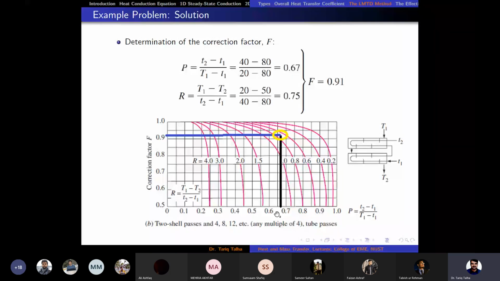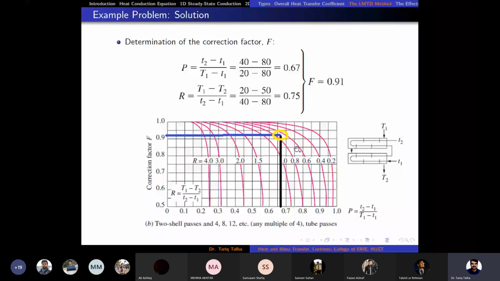If you see here, I have drawn a vertical line at 0.67. Here we don't have any curve for 0.75. We have a curve at 0.8 and at 0.67.